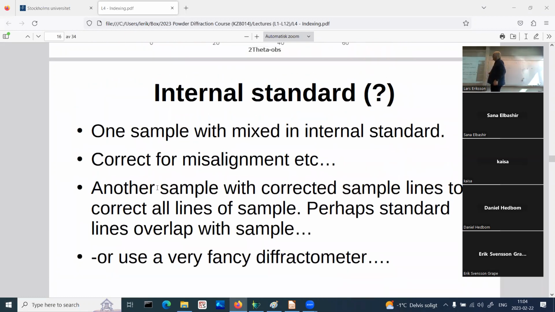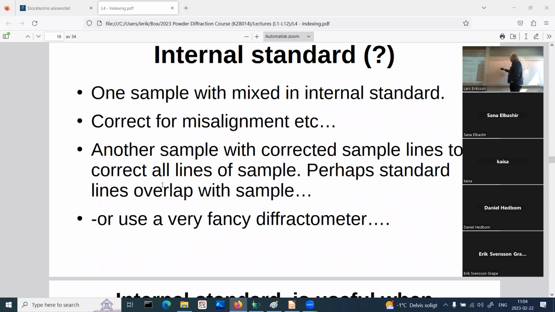What to do if you have errors? If you only have a silicon wafer and you don't have enough sample for filling up a large backloaded sample holder, or otherwise get a fancy holder that costs money, perhaps take in some internal standard.